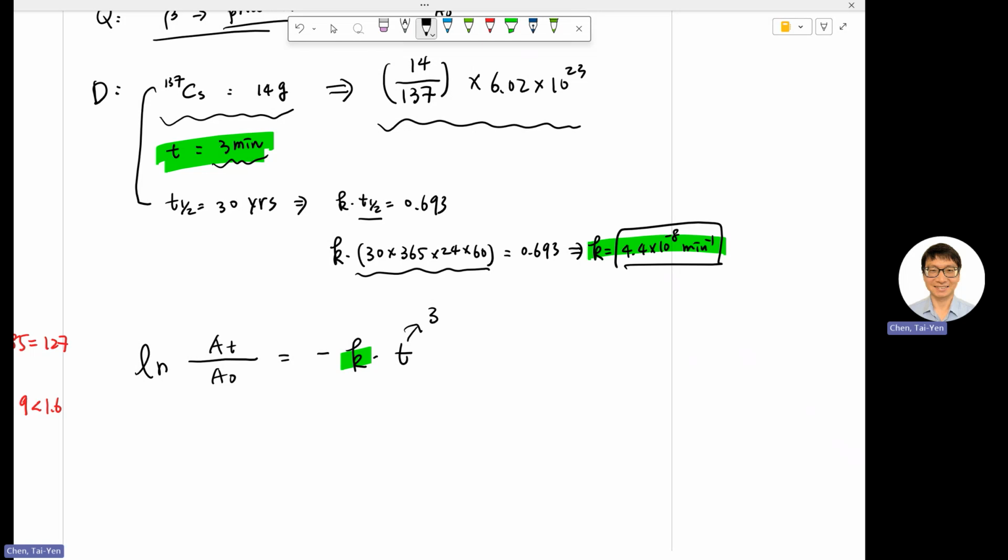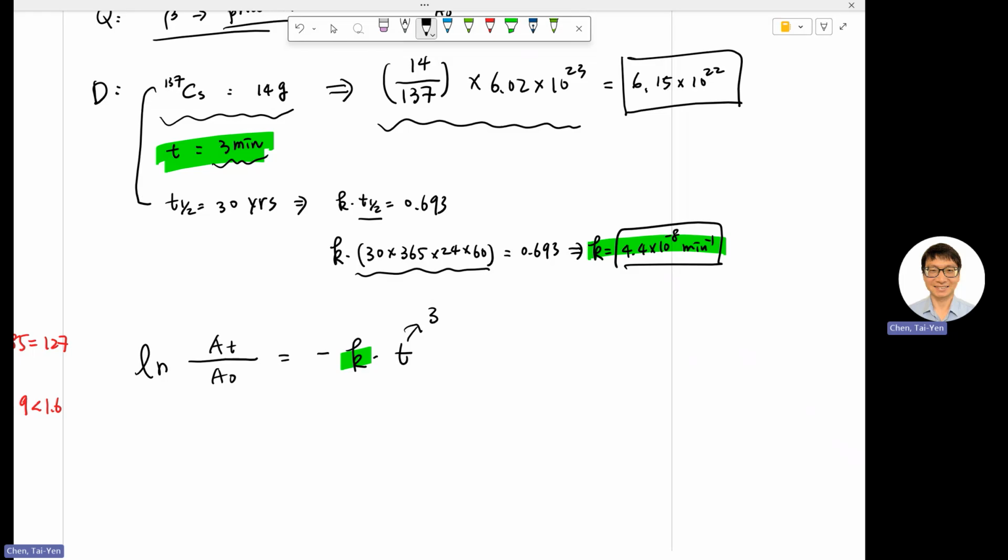That's how many atoms you have to start with. It will be a gigantic number. If you do that calculation, it equals 6.15 times 10 to the 22nd. So you have that many atoms to start with.